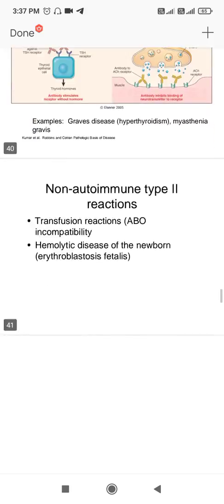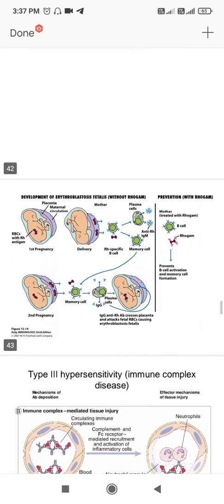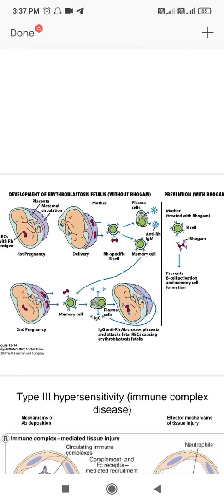Non-autoimmune examples of type 2 hypersensitivity: transfusion reactions of the ABO blood group system, hemolytic disease of the newborn, erythroblastosis fetalis. If the father is Rh positive and the mother is Rh negative, then in the first pregnancy anti-Rh antibodies are produced by the mother. After the first pregnancy, anti-Rh antibodies are produced against the Rh antigen of the fetus.